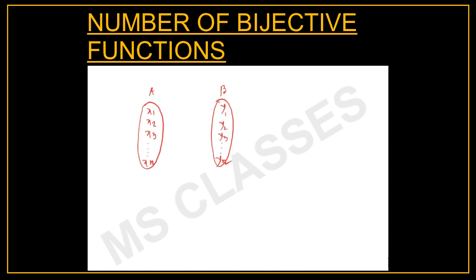As you can think here, we have different balls and different boxes. Each box can hold one ball only. So for each ball, how many options do we have? For the first ball, n options, for the second ball, n minus 1 options, for the third ball, n minus 2 options. So write it down. For element x1, there are n choices.